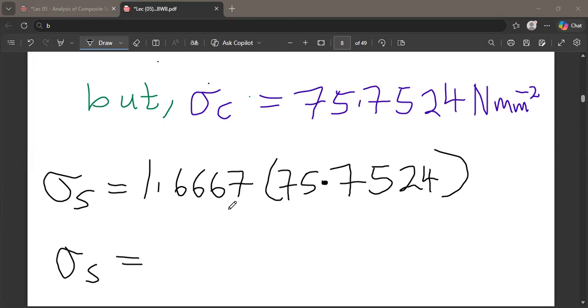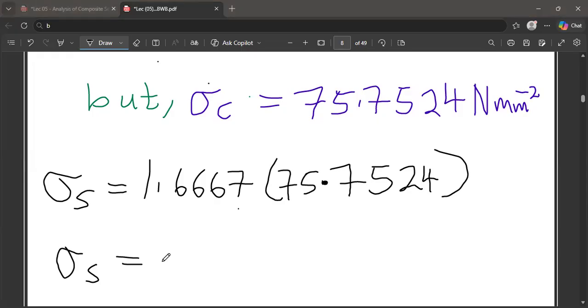We are going to get 126.25652508, and we just want 4 decimal places. So we are going to maintain 126.2565 Newton per millimeter squared.